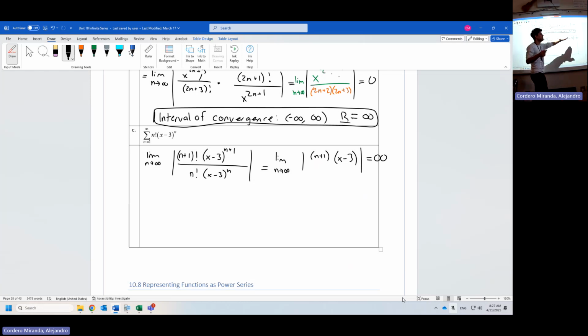We got a limit of infinity, meaning the sum gets too big. Therefore, this will never converge except for one time. Good job. If x was 3, then it'd just be 0 plus 0 plus 0 plus 0, so that would converge to 0. It's a silly sum, but it would work. So the interval of convergence, I guess, is just 3.